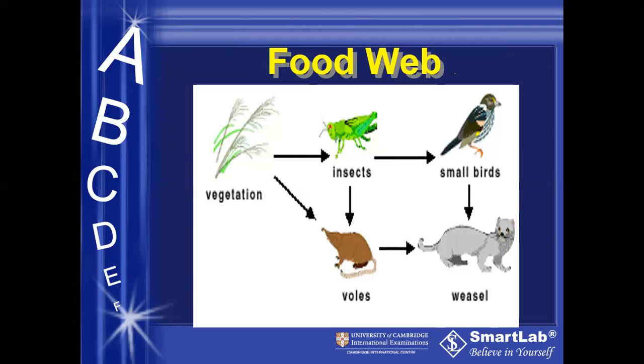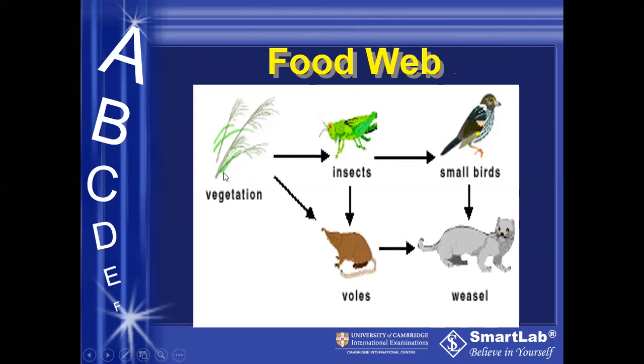So in this case, you can see that this one is a food web. It shows the plant eaten up by the grasshopper and the grasshopper eaten up by the birds. But these grasshoppers can also in turn be eaten up by the voles and eaten up by the weasel.